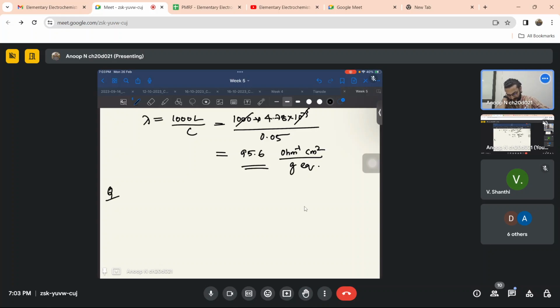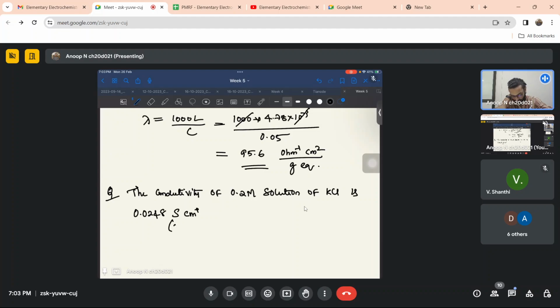The question is: the conductivity of 0.2 molar solution of KCl is 0.0248 Siemens centimeter raised to minus 1, so I will write it as ohm inverse centimeter raised to minus 1.